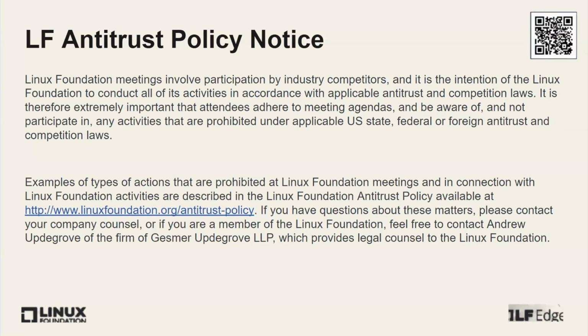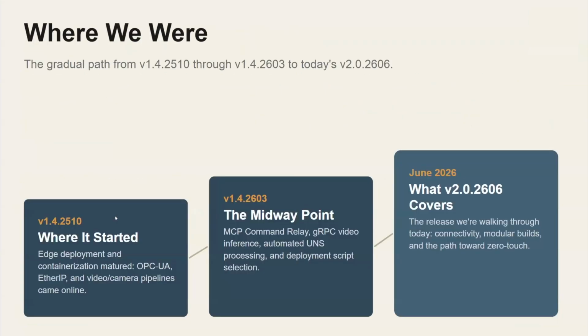Since this is an open source project, the transition is from 1.4 through the start of this year to today, version 2. When we last presented, we were at 2510, October 2025, and basically we had edge deployment, containerized.